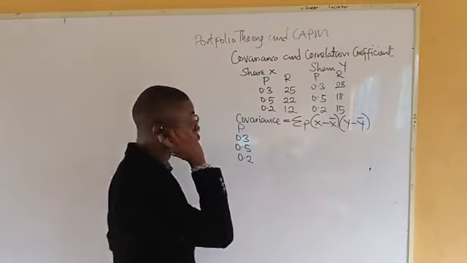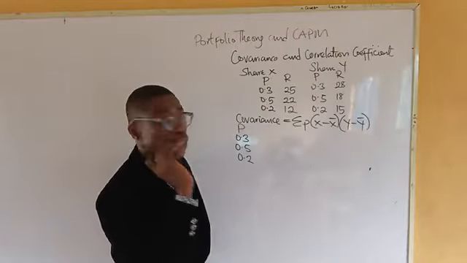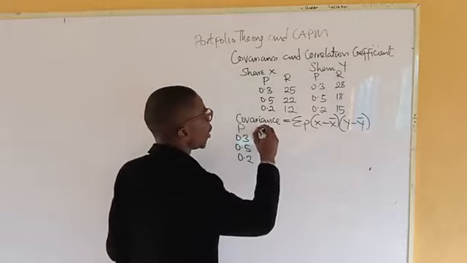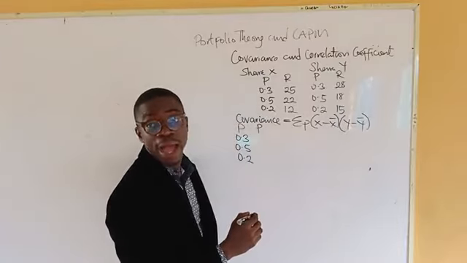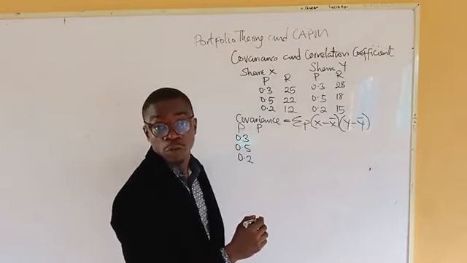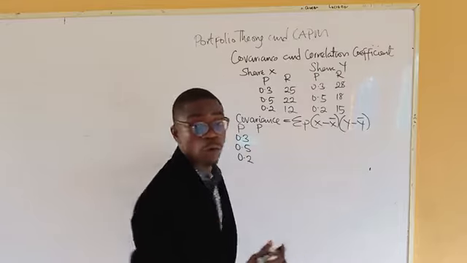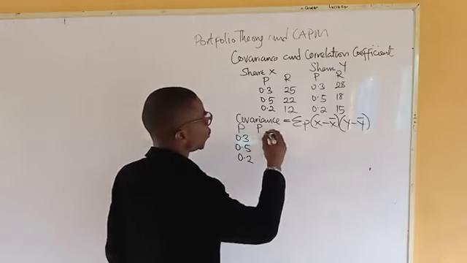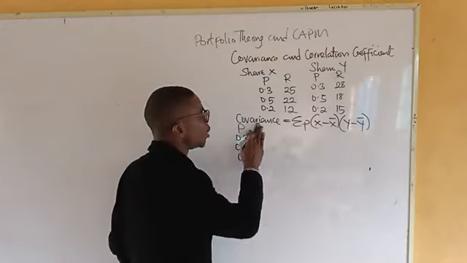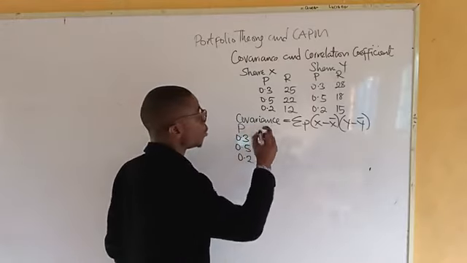So how do you solve for x minus x bar? We'll have to get our expected value of return, that means the average expected value of the return of x.